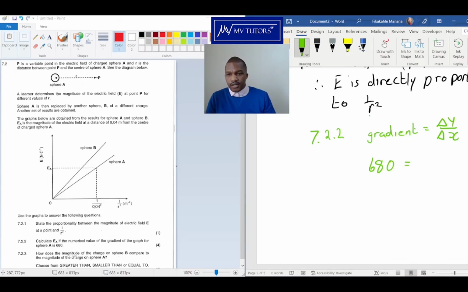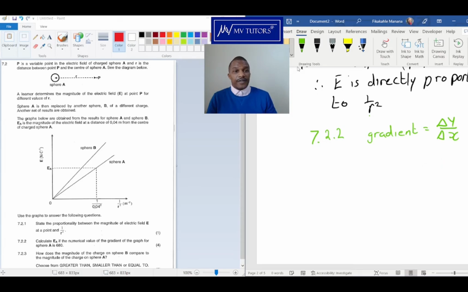And how do we calculate EA? EA, as you can see, is on the Y, so that's the change in Y, and the change in X. Oof, guys, I'm tired.